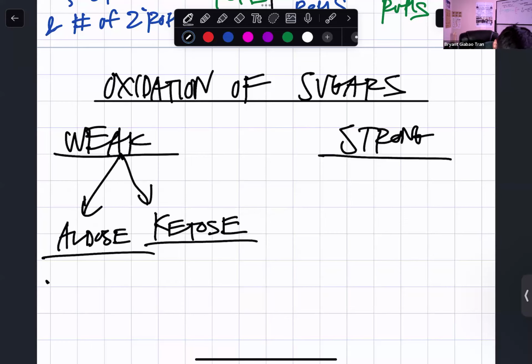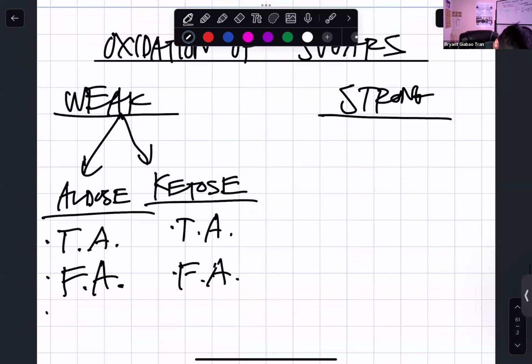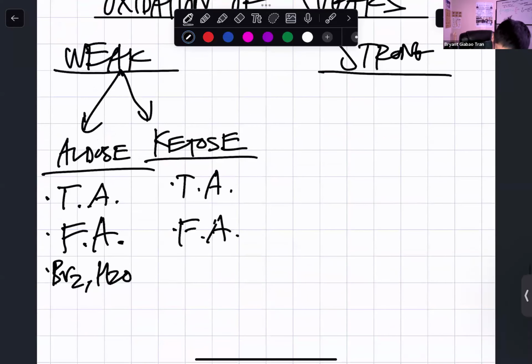Right. For aldose and ketose, Tollens reagent would work. Fehling's reagent would work. Br2 and water would only work with aldose.